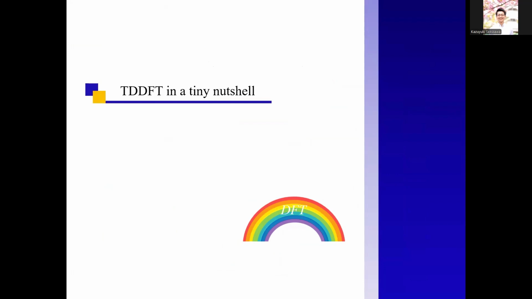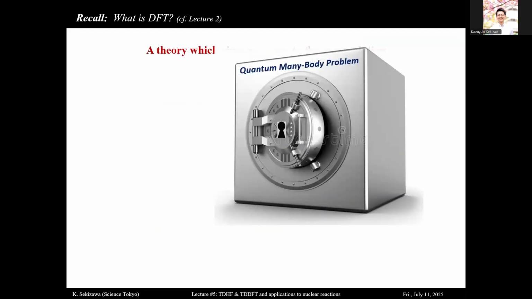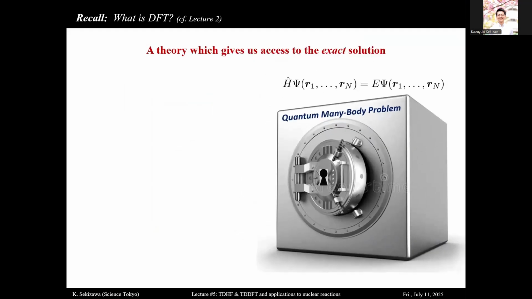Okay, so in the static case, Hartree-Fock and DFT are closely related. This is just a slide taken from lecture number 2. In the static case, the concept of DFT was explained in this way. What we'd like to solve is the many-body Schrödinger equation, but I explained that solving it is practically impossible because it is too complex.